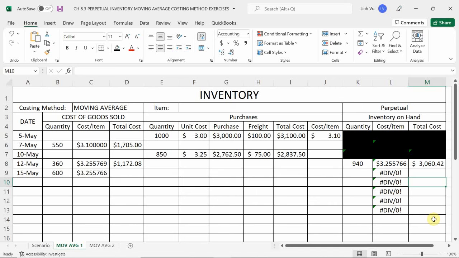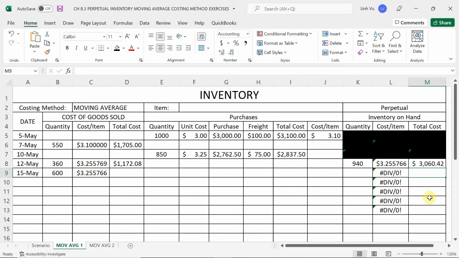Then I got the same total as yours, but when we got the cost per item after selling those 360 units, the sum and the quantity on hand are the same, but some of the cost per item came out different.